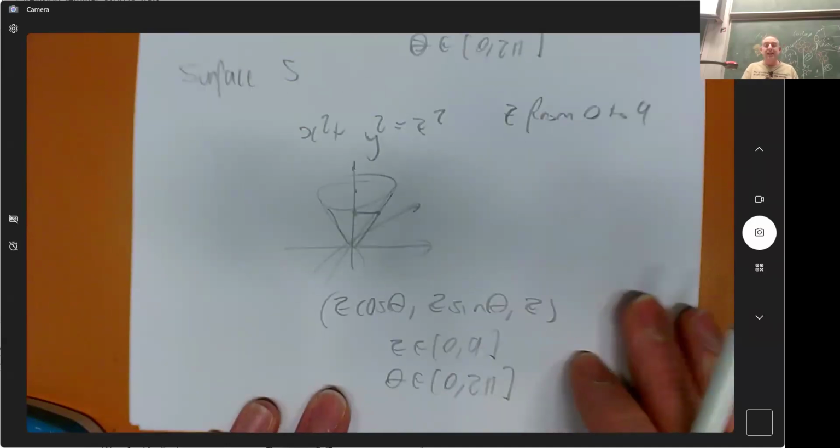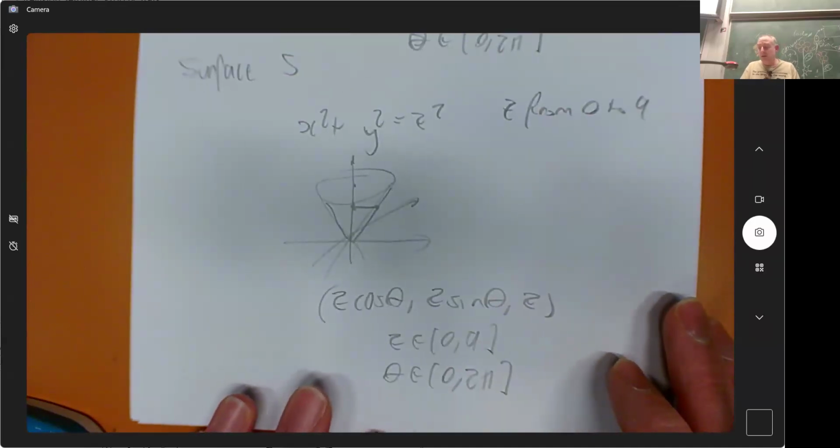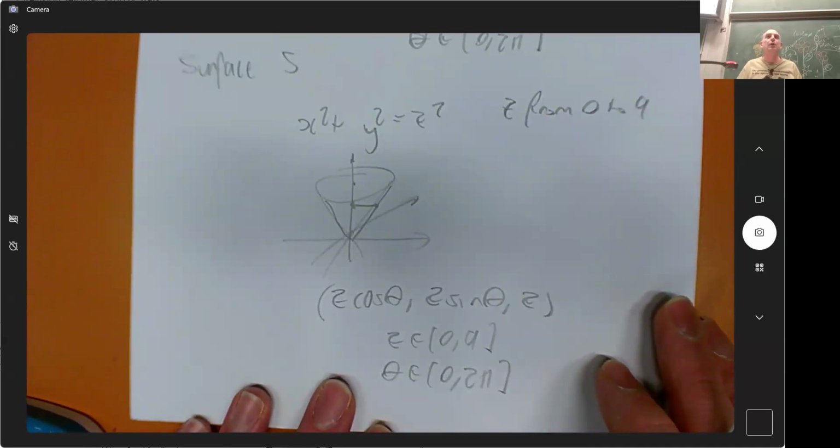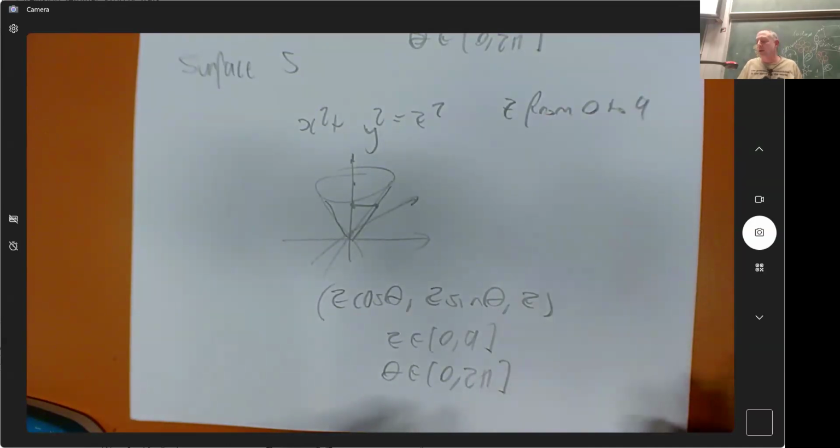So these are the classics, the cone and the bowl, the parabolic bowl. There are lots of them, but ultimately, if you can look at it and see x squared plus y squared, then that's a place to look for a circle. And say, well, at this height, and you could do it as z squared plus y squared equals x, and it will be the same, but it's going sideways.